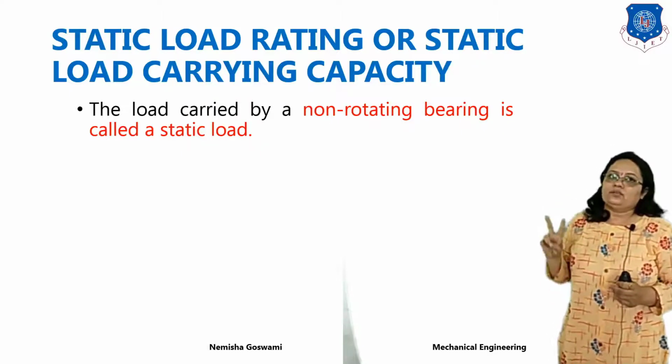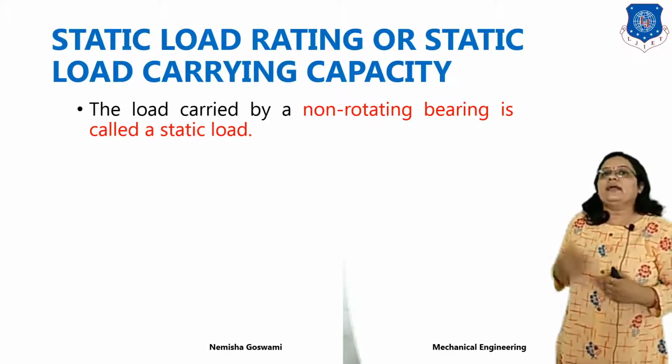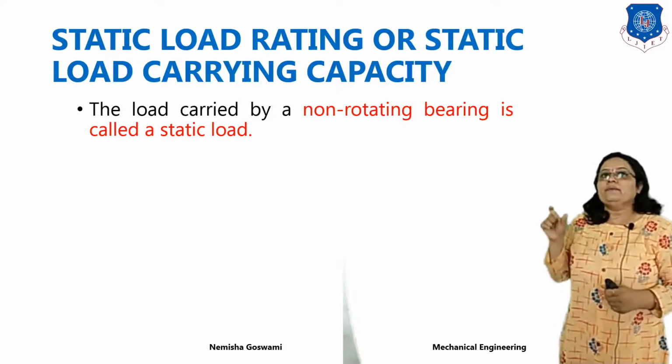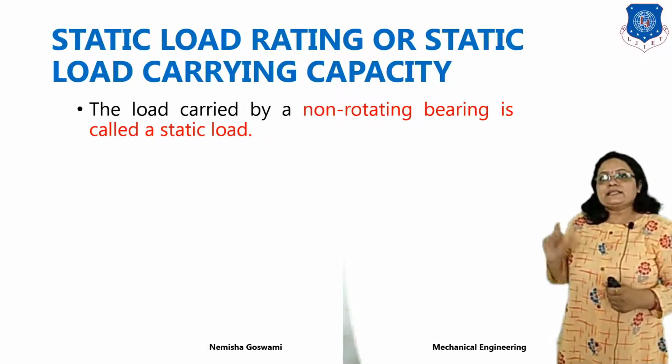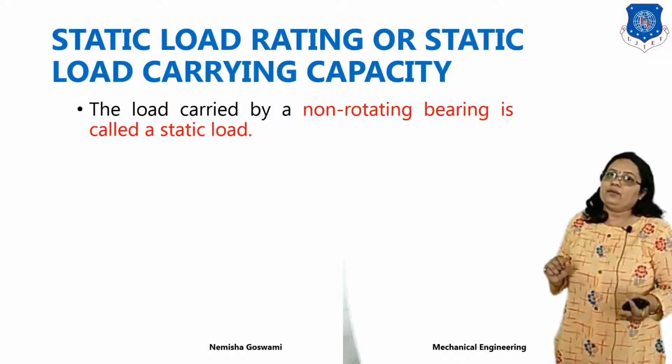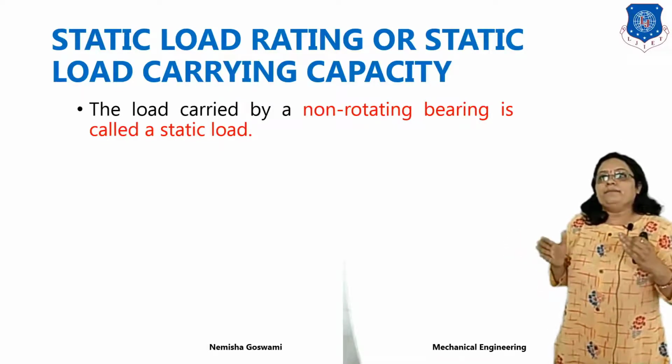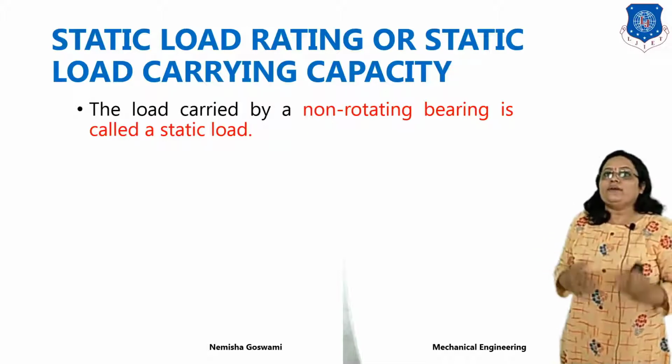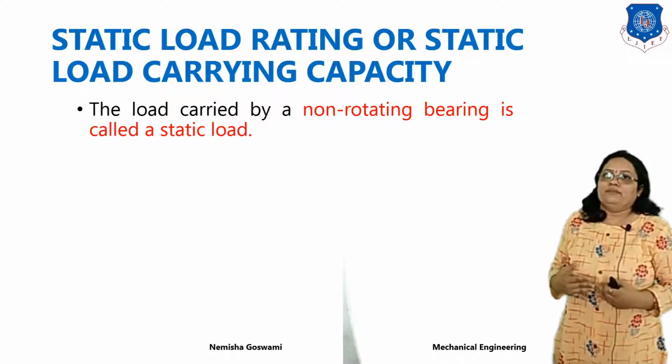We have to discuss two fundamentals, static load and dynamic load. Here we will discuss static load, then basic static load, then dynamic load, basic dynamic load and equivalent dynamic load. So that we have to cover.